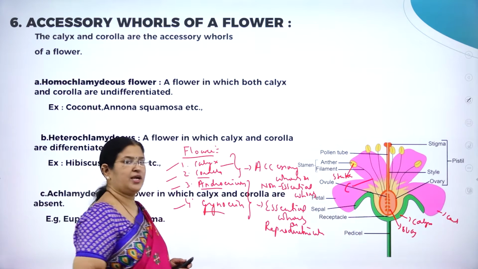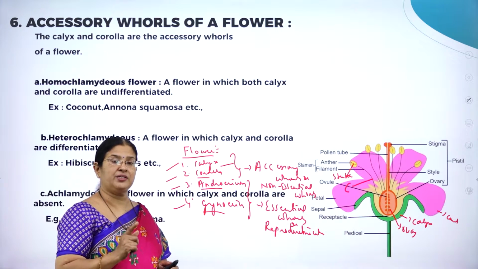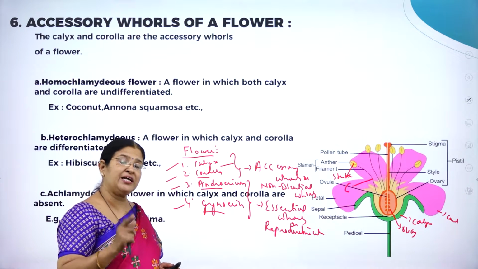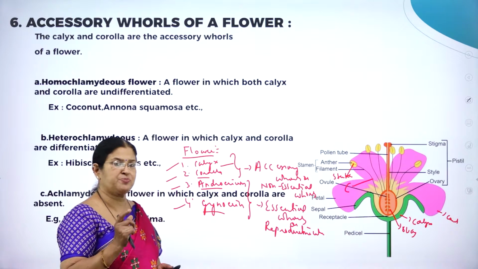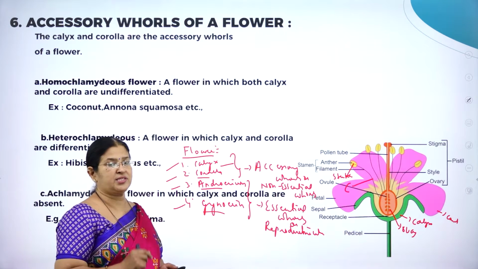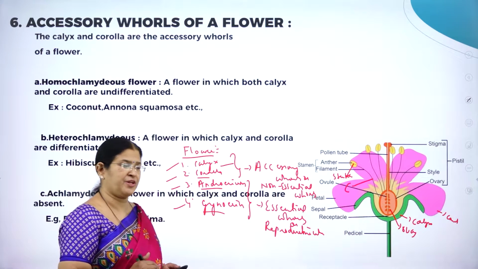Why are these two called accessory whorls or non-essential whorls? They do not take part in the process of reproduction directly. So indirectly they help the process of reproduction. All of us know that the bud is protected by what? By the calyx. Corolla attracts the insects for pollination. So both are very indirectly helping the process of reproduction.